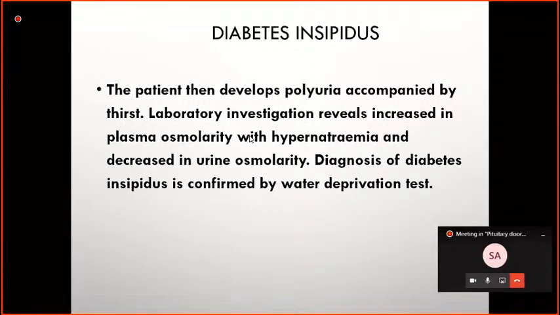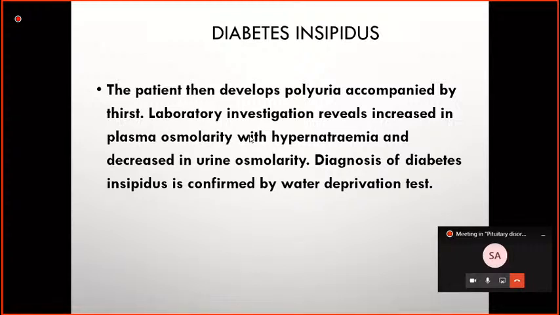So you will have a decrease in urine osmolarity, and on top of that, you would expect your plasma osmolarity to be very high. You have a very concentrated plasma with a very dilute urine. In a normal person, when you have an increase in plasma osmolarity, for whatever reason, your urine osmolarity will also be high because you are producing concentrated urine. You want to conserve the water because your aim is to normalize the plasma osmolarity.